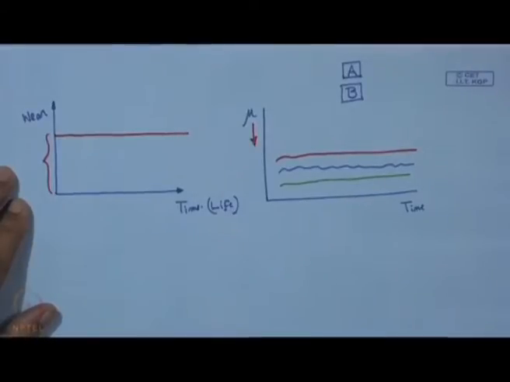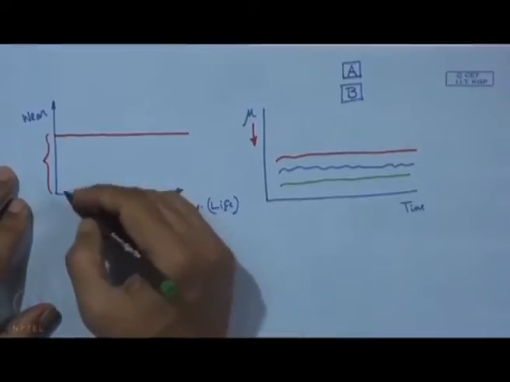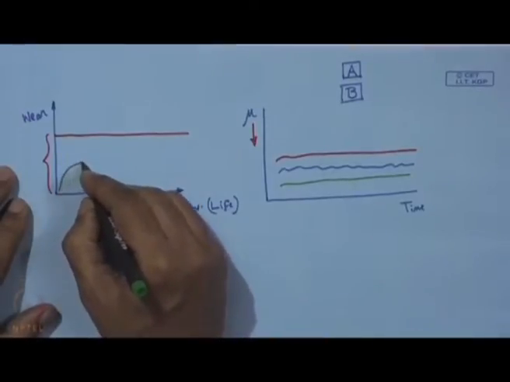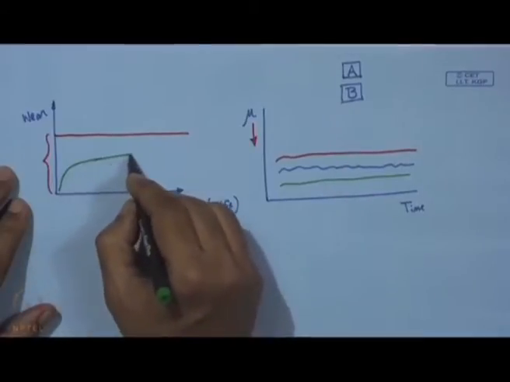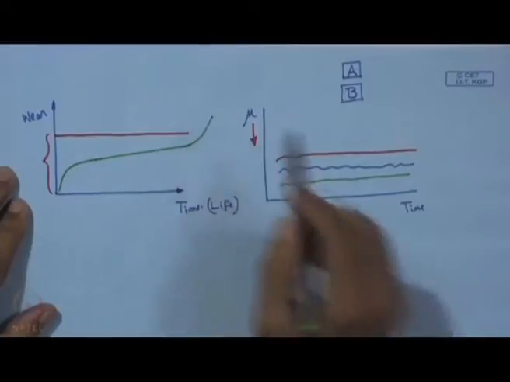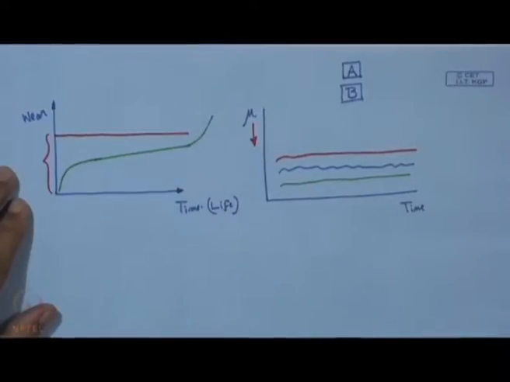Whatever may be the case, here also we can see a graph for any mechanical component. It follows like this and then it goes like this. So, this is more or less the presentation of a wear graph.